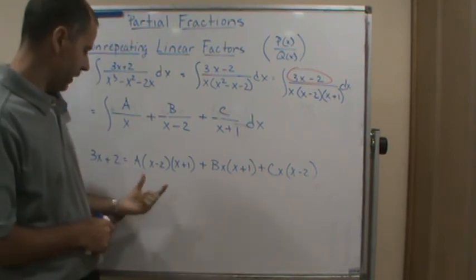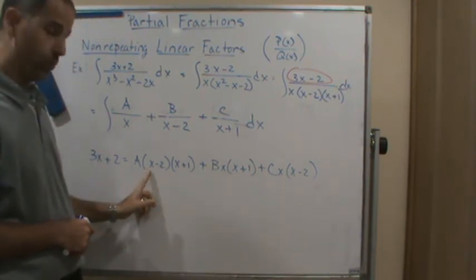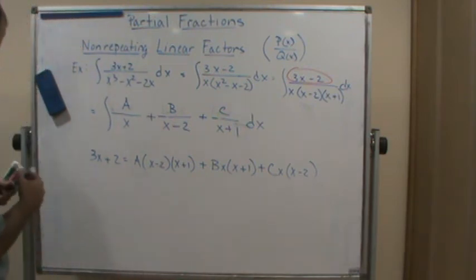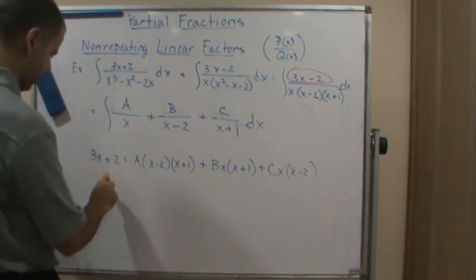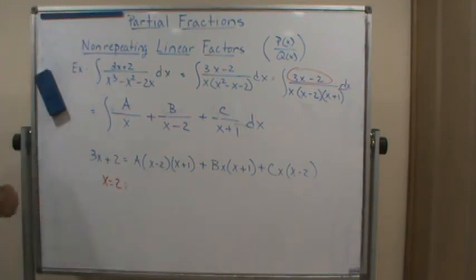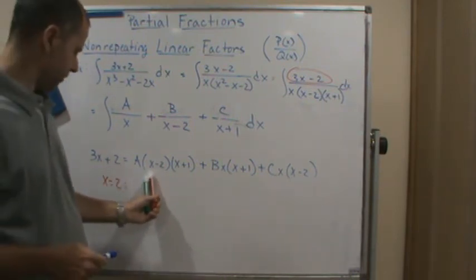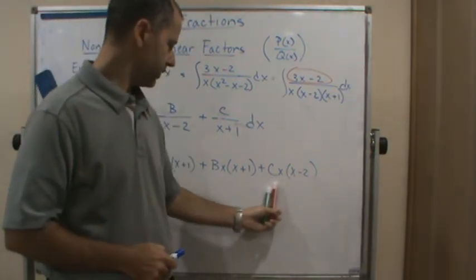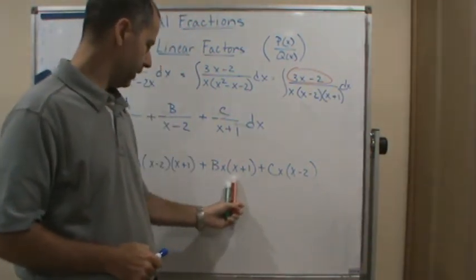For example, if I make x equal to 2, what happens to this term? This term goes to 0. This term goes to 0. And I end up with this term.